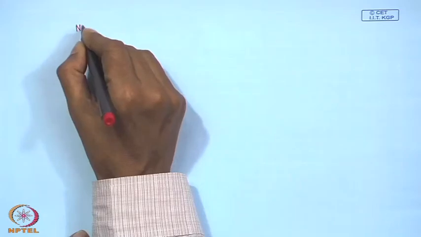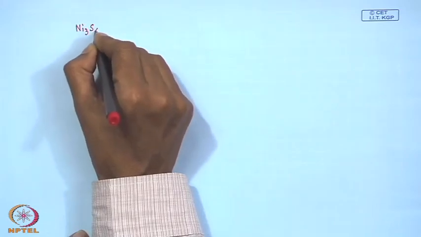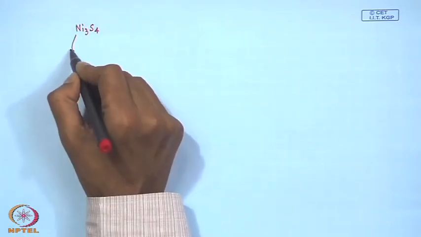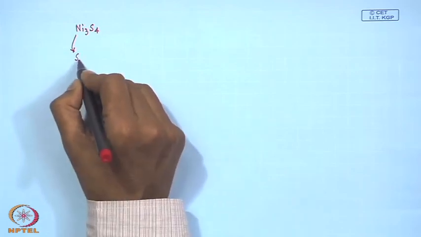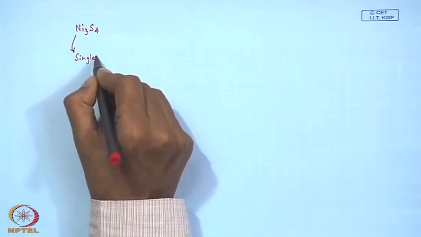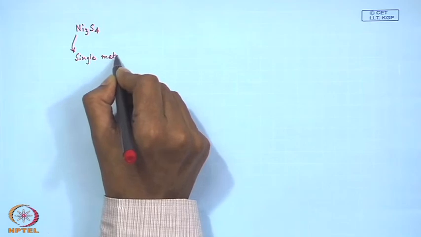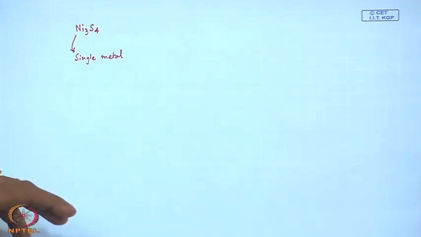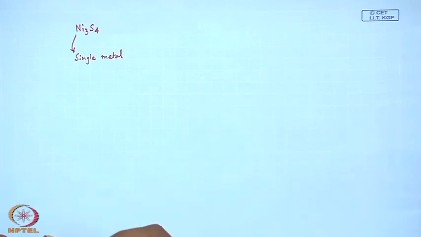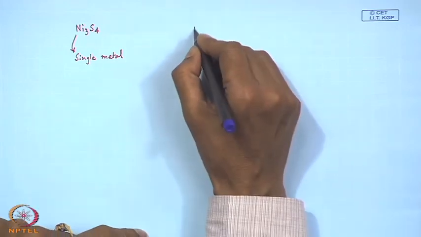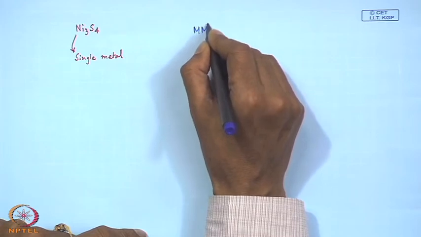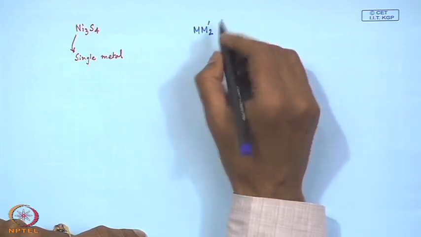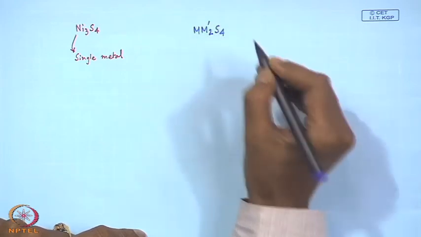because we are now having a thiospinel with a single metal. So, what we have seen earlier, that in case of the M M prime system, we have M M prime 2 S4 system.